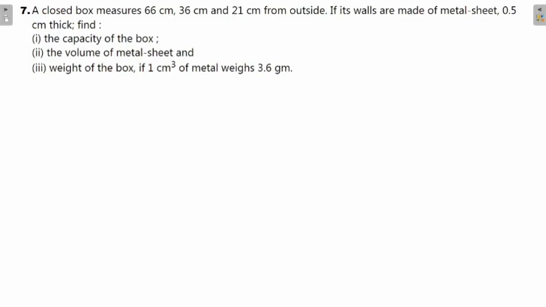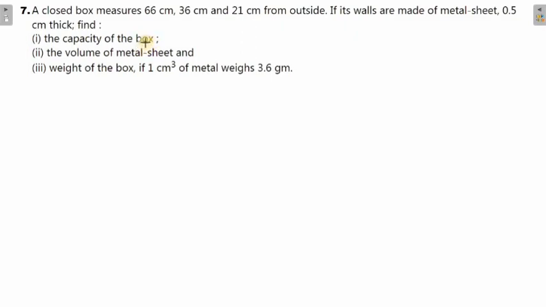The next question on the screen says, a closed box measures 66 centimeter, 36 centimeter and 21 centimeter from outside. A similar kind of question. If its walls are made up of metal sheet 0.5 centimeter thick, find the capacity of the box.